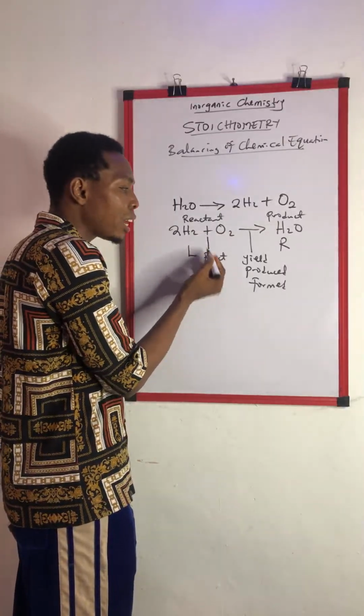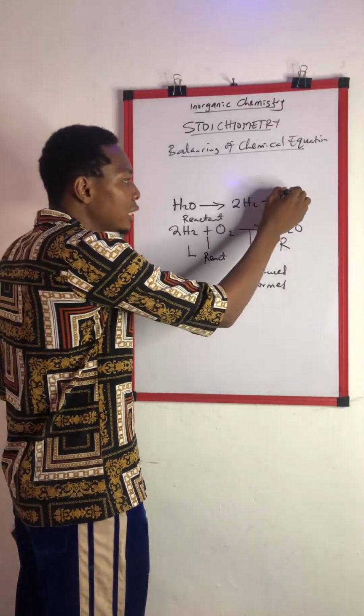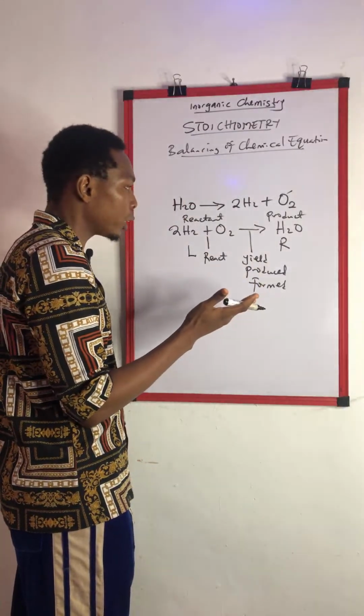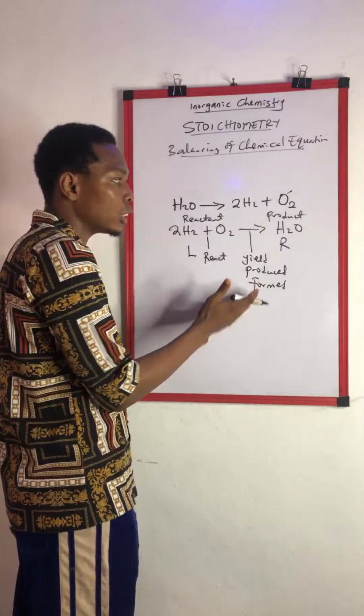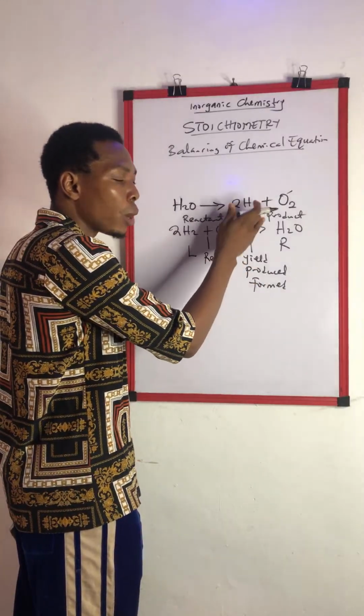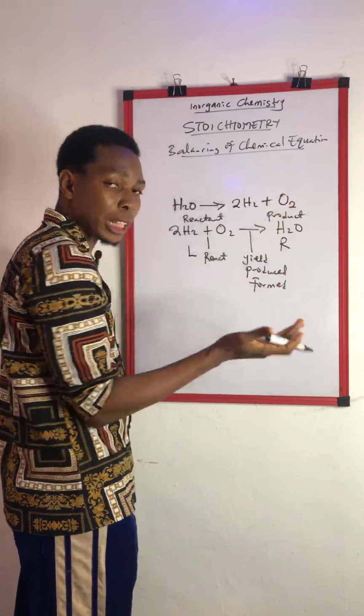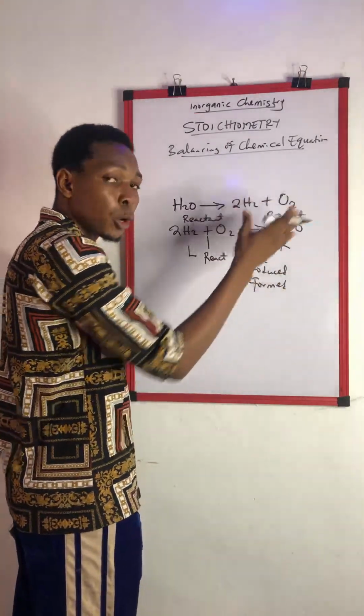The plus sign there represents react. This first equation is known as a decomposition reaction equation. You can see the water decomposes to give us 2 molecules of hydrogen gas plus 1 molecule of oxygen gas. So this is a decomposition reaction.